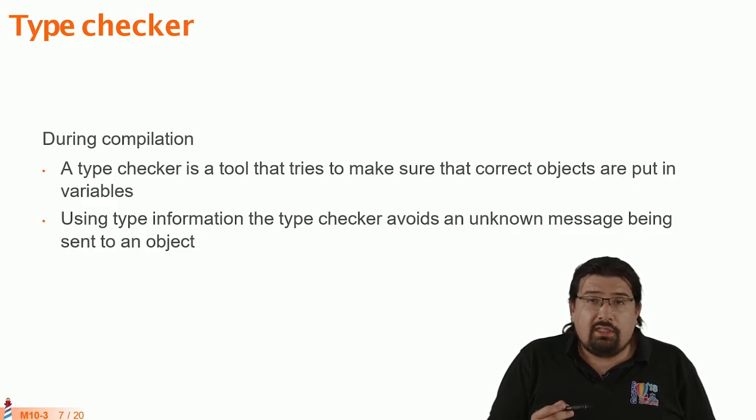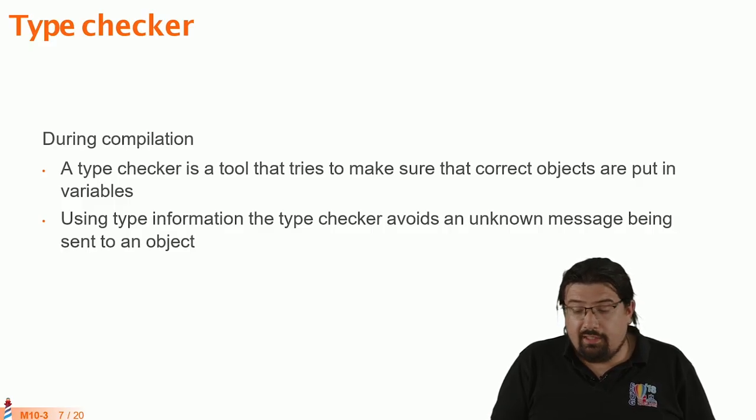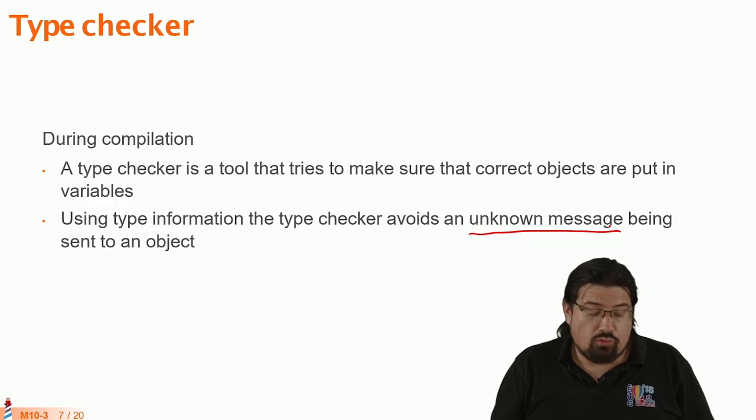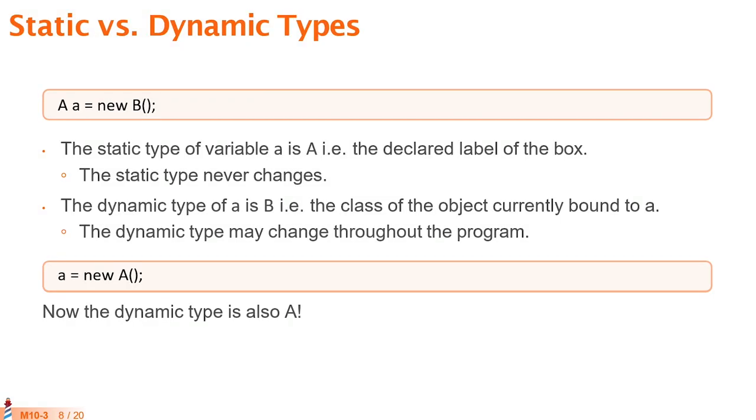We are trying to see if every reference that we store in a variable has the correct type. With this type information, the idea is to avoid sending unknown messages to a given object. To do this, the type checker is based on static typing.